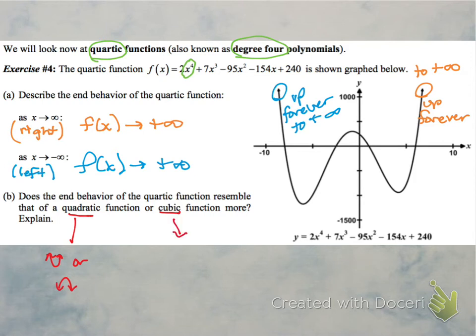Our cubic functions went more like this or like this, depending on the leading coefficient. So it's more like the quadratic, because the end behavior is the same on both sides.